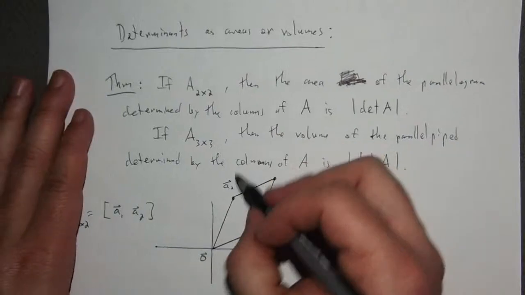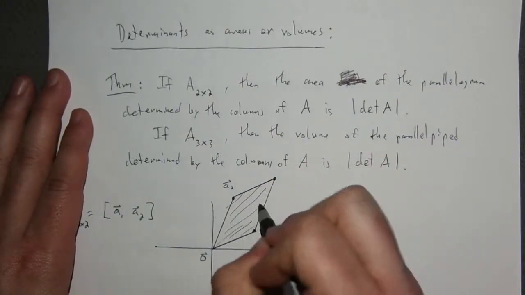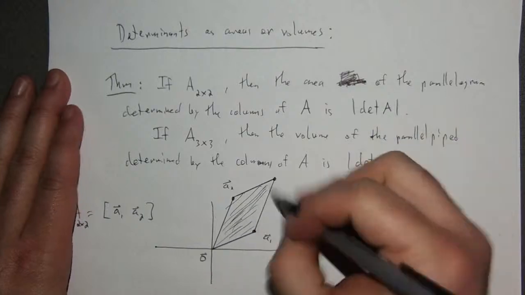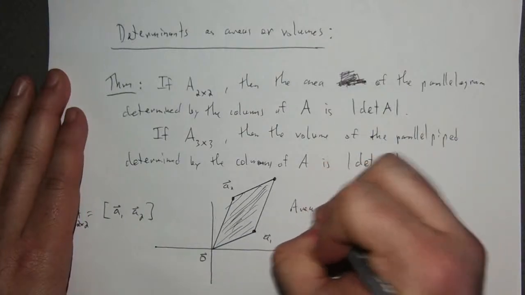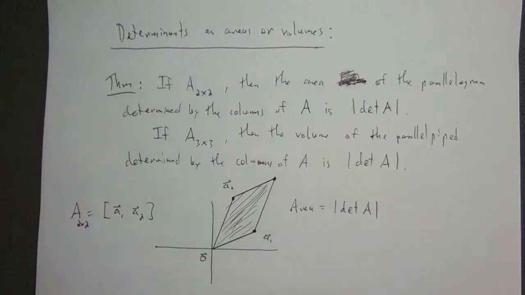Okay, so the area of this parallelogram is the absolute value of the determinant of the matrix A whose columns are that. Now, in 3 dimensions, the same thing is true, but I'm not going to bother drawing a picture. But this is what's going on here.